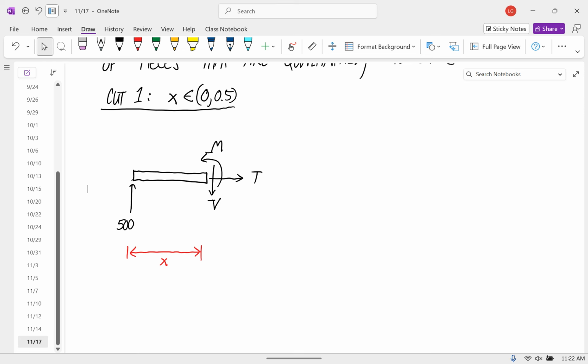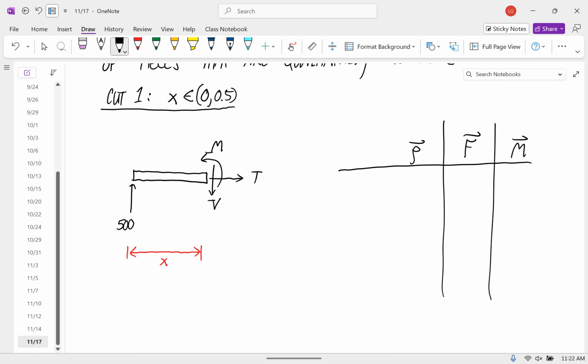Okay, and let's do these calculations. So I'm going to keep doing the table for now. Eventually we'll do it a quicker way, but all we're doing is rigid body statics for this piece. So this table works perfectly well. And like always with these, I'm going to have my about point over at the left end.